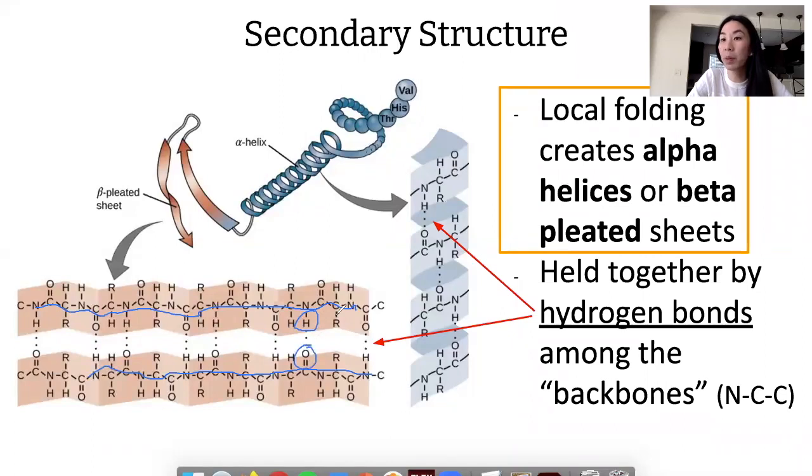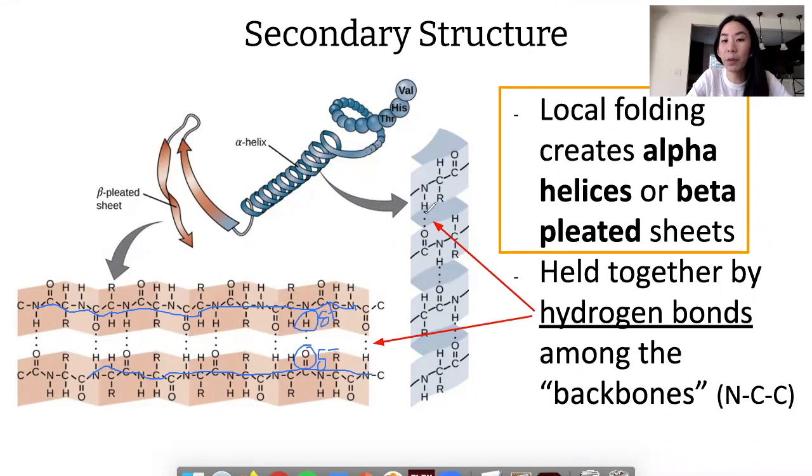Because remember, when we think about water, hydrogen is slightly positive, oxygen is slightly negative, because oxygen is electronegative. So the electrons get pulled closer to oxygen, which gives it a partial negative charge. And then that attraction is a hydrogen bond.